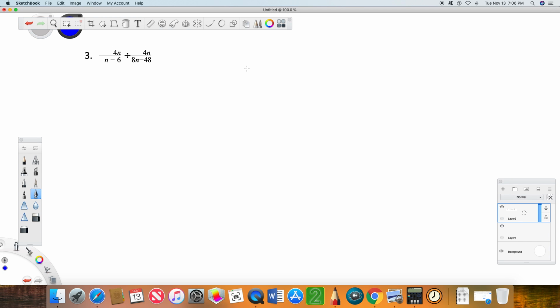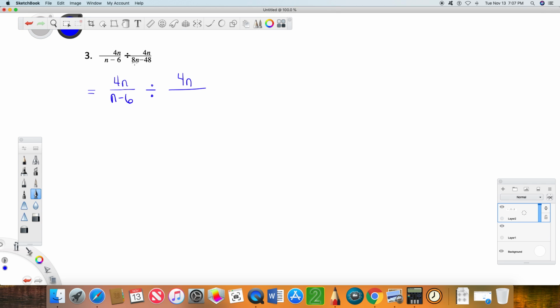All right, so let's look at this second fraction. Let's leave this first fraction alone. If I look to the denominator of this second fraction, I've got 8n minus 48.